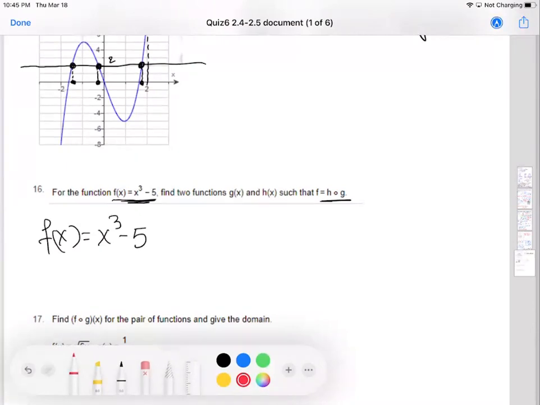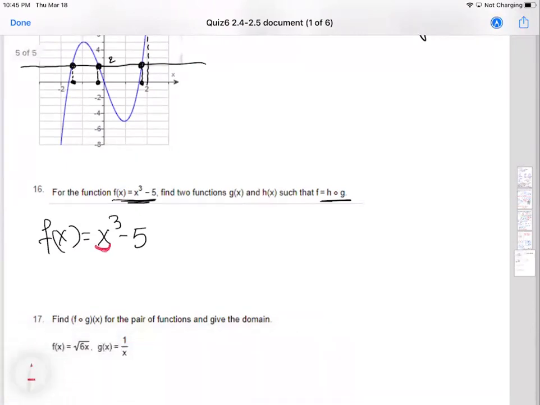And then I have the quantity minus 5. So one of the functions is going to be x minus 5, and the other function is going to be x to the third. Because we're inputting x to the third into x minus 5, x to the third is going to be our g. And x minus 5 is going to be our h.